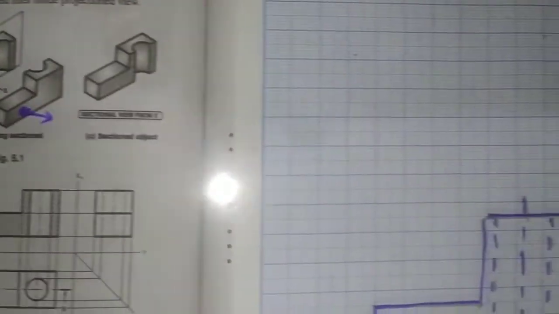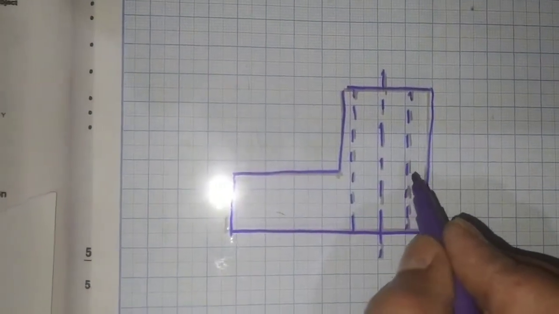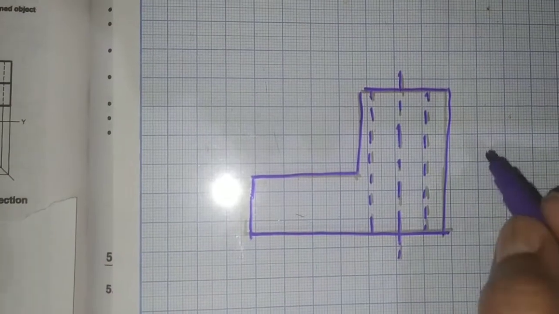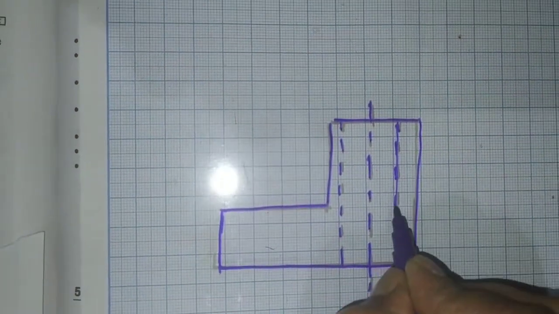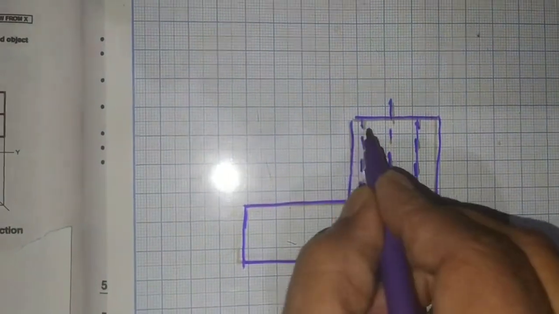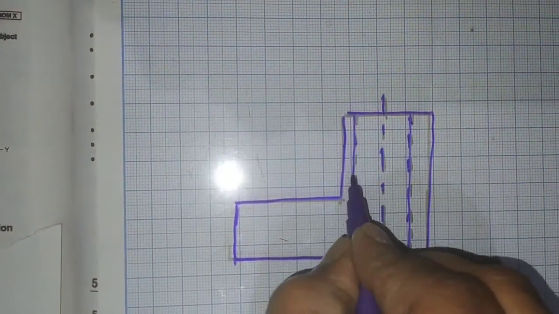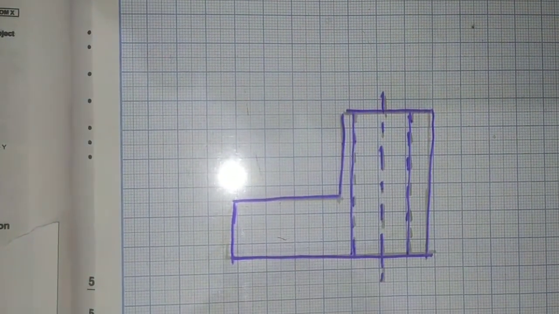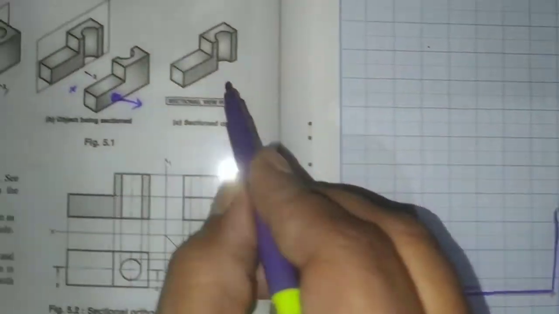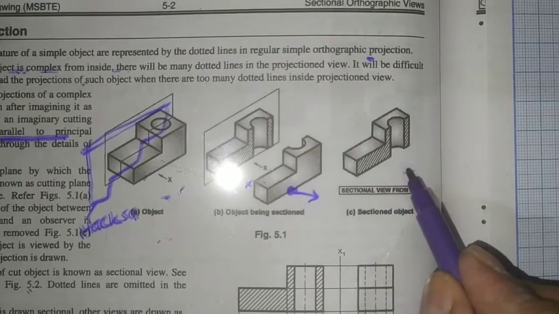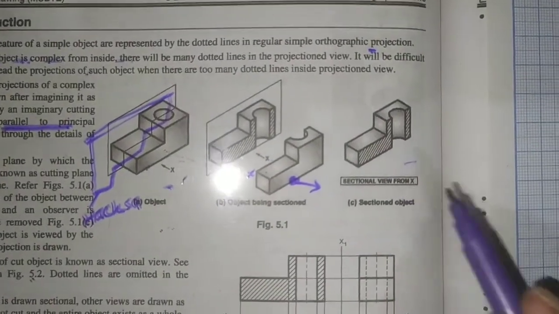This internal line, which is not seen without cutting, is converted into a dark line. This is the sectional front view. It is imaginary. Now what changes will be observed?